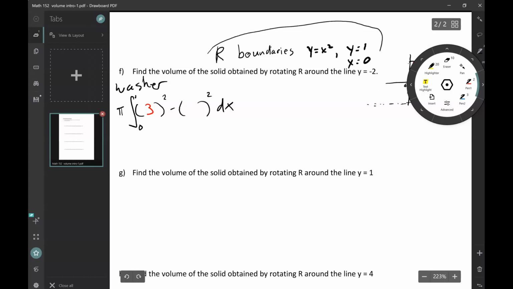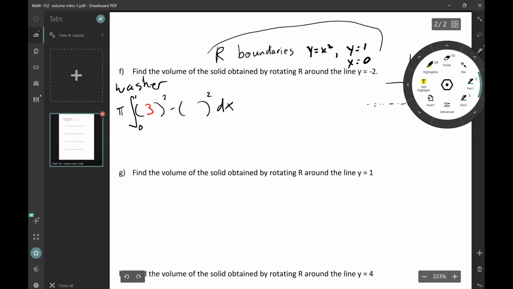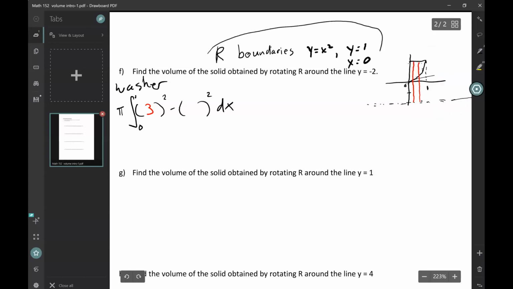Then we need to find the little r. I think we're using green for little r, I forget, but that's what we did last time, I think. So notice when we draw the little r, it is changing. And it's changing dependent upon the line y equals x squared. So now we just got to figure out how to describe that line. Well, you can tell that from here to there is 2, of course.